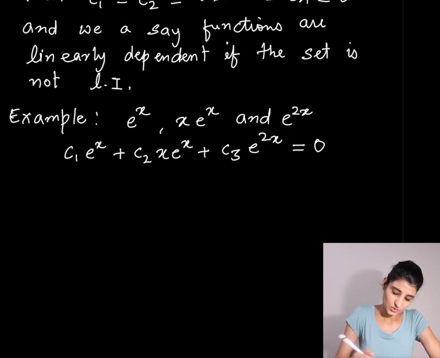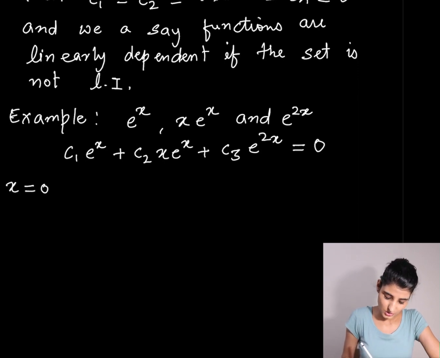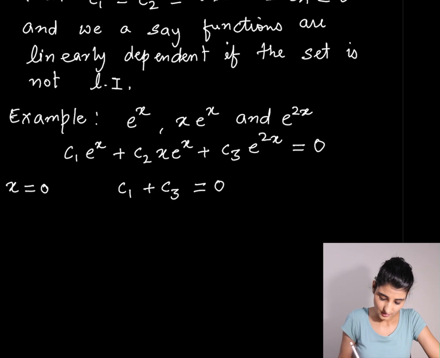Okay, so let's find out the values of c1, c2 and c3. If you substitute x equal to 0, which is the simplest value to substitute always, you will get c1 times e power 0, which is 1, the second term is 0, and c3 times e power 0, which is again 1. So we get c1 plus c3 equal to 0.